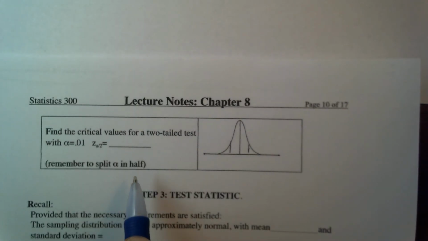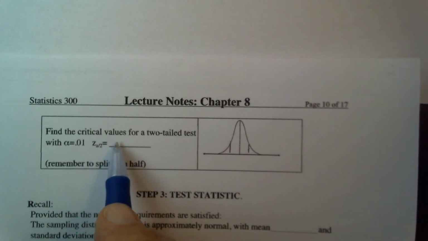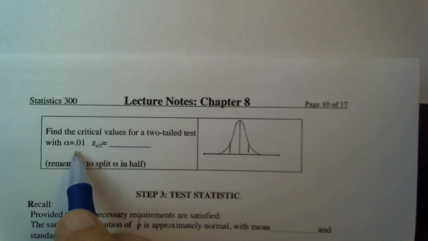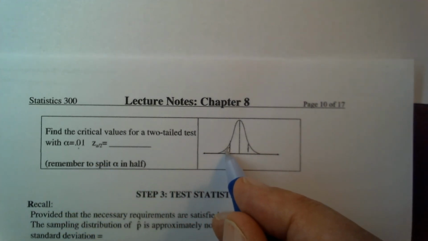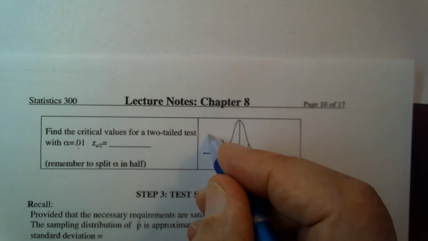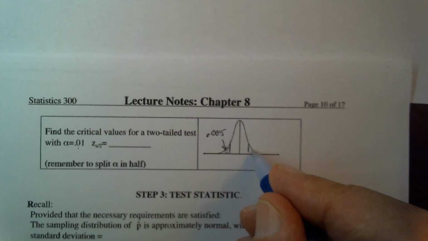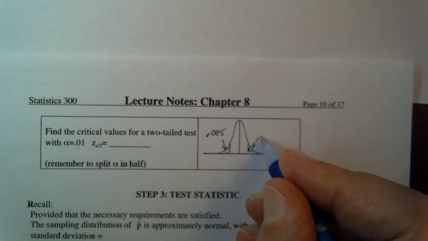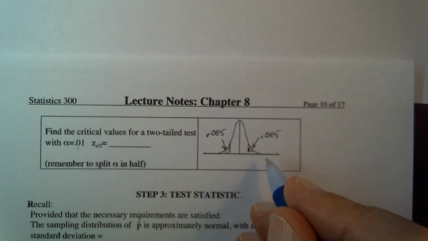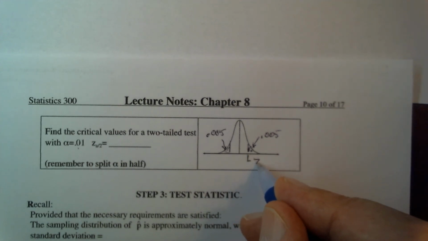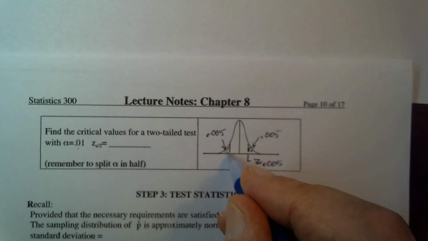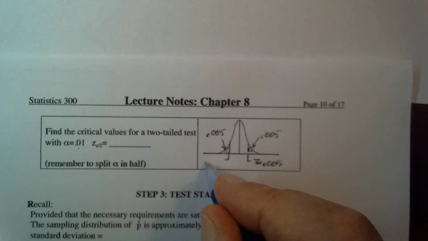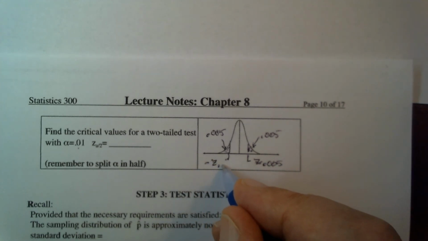When we have a two-tailed test and we are asked to find the critical values for alpha equals 0.01, that means each area has 0.005 as probability. So this would be z sub 0.005, and this would be minus z sub 0.005.